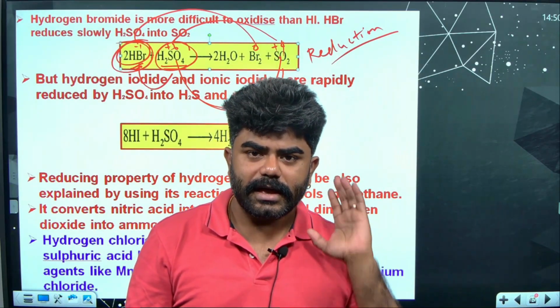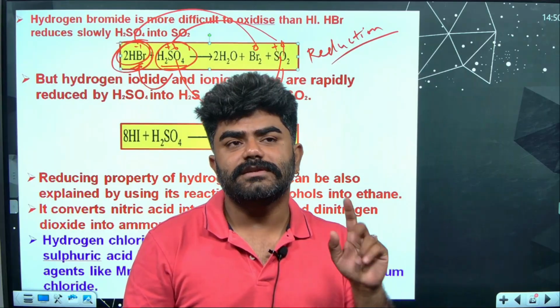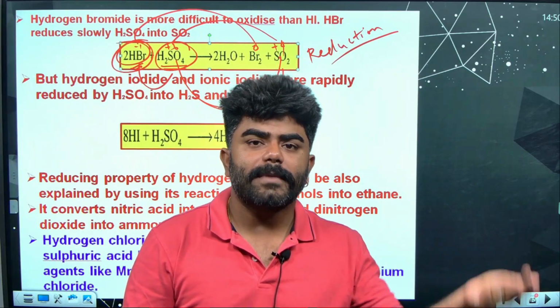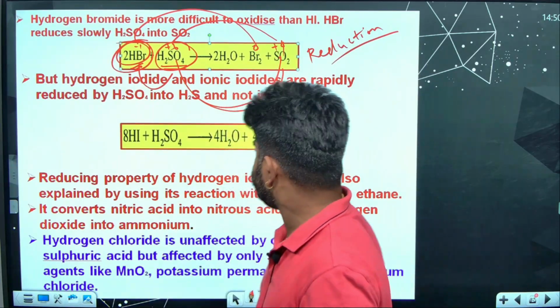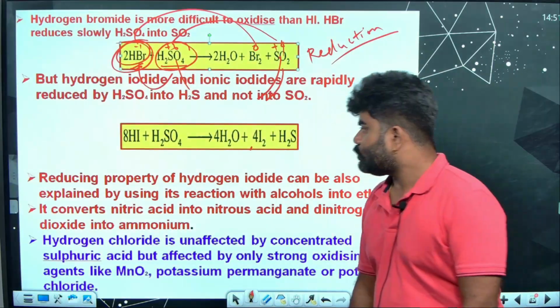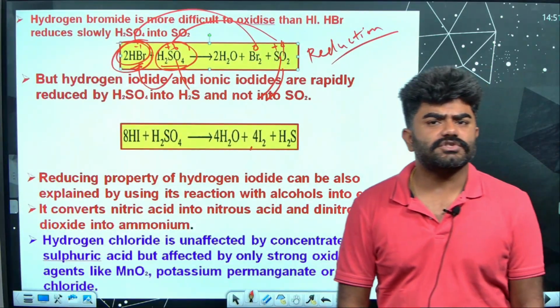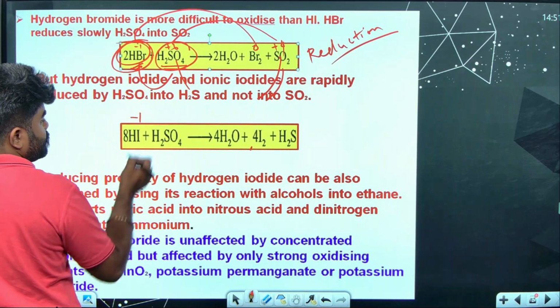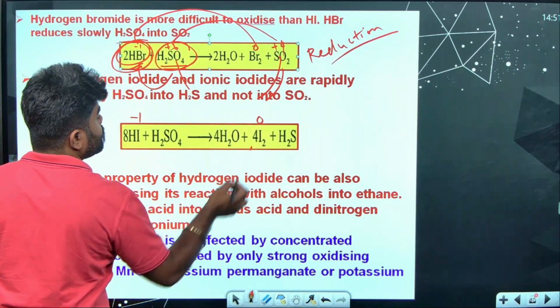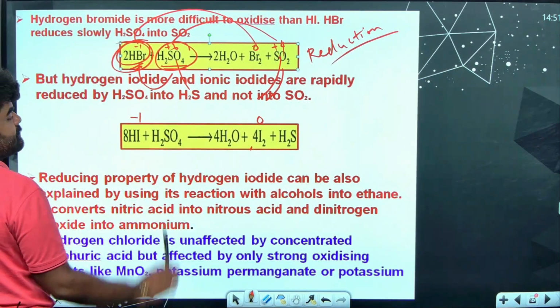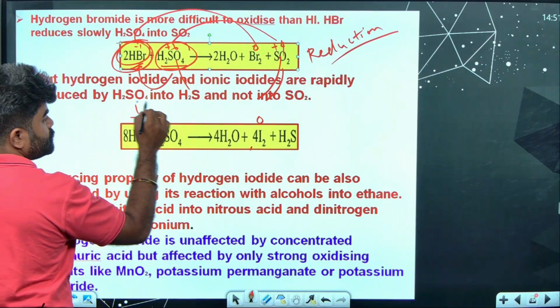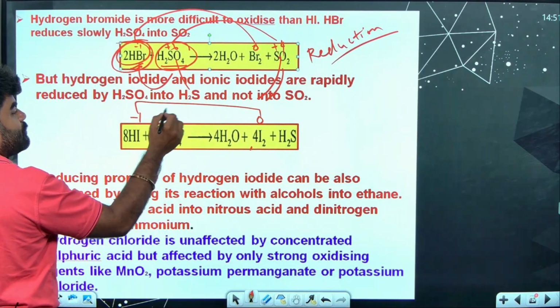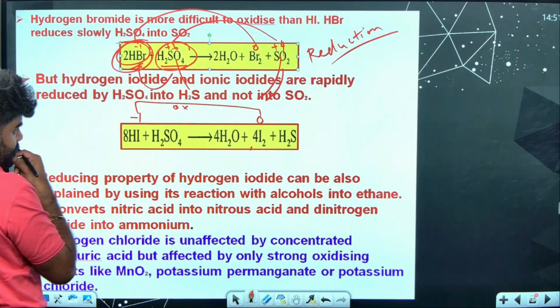அதே மாதிரி தான் HBr being a reducing agent, it reduces H2SO4 by oxidizing itself. Okay, so now when we take hydrogen iodide and H2SO4, we see that here iodine is having -1 oxidation state, here it is 0 as it is a molecule. So -1 to 0 நம்ம என்ன சொல்லுவோம்? Increase in oxidation number, hence it is oxidation. இல்லையா?